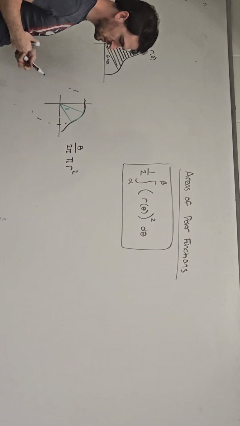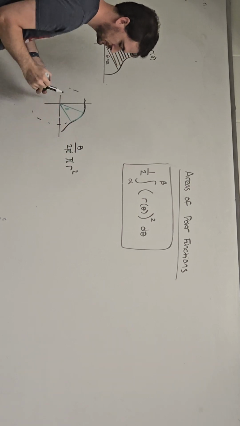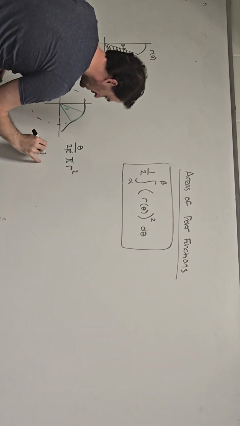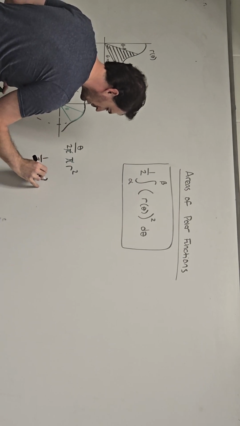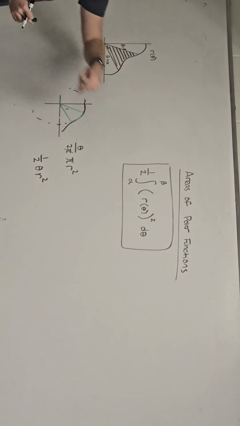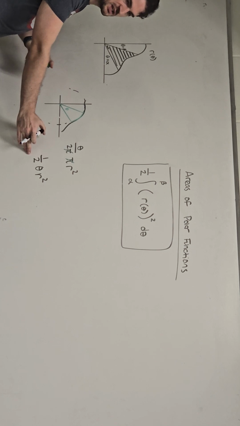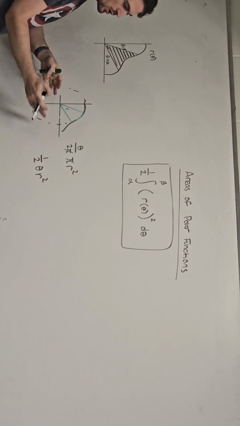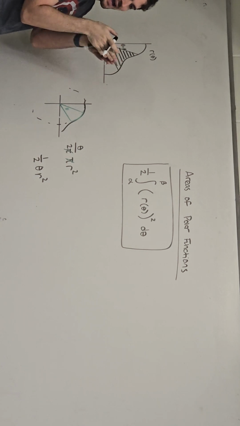Cleaning this up a bit, the pi's cancel out. I'm left with 1/2 theta r squared. We're looking closer and closer. And now, just like what we did with Riemann sums in Calc 1, you want the width of the rectangle to be infinitely tiny, so a dx.